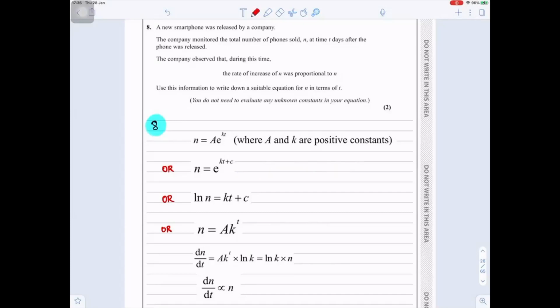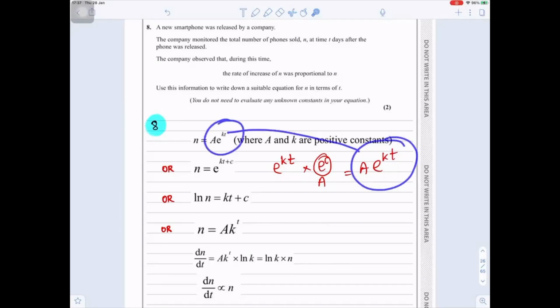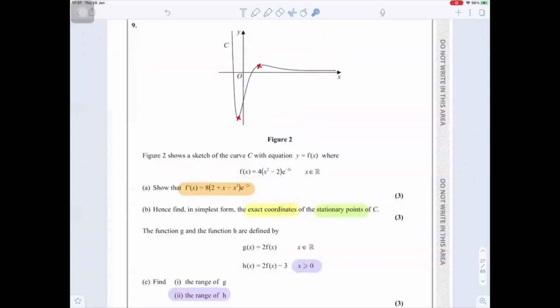So if you have that as e^(kt) times e^c, you can call e^c A, so that would be Ae^(kt), which is the same as this one. So that's just different ways of writing the same answers.